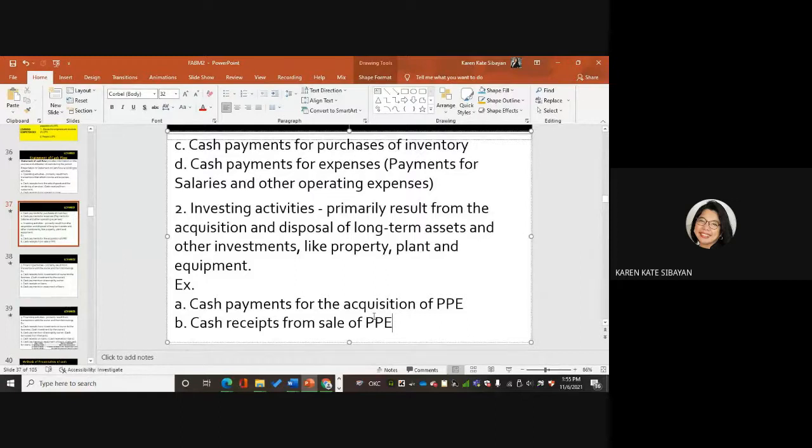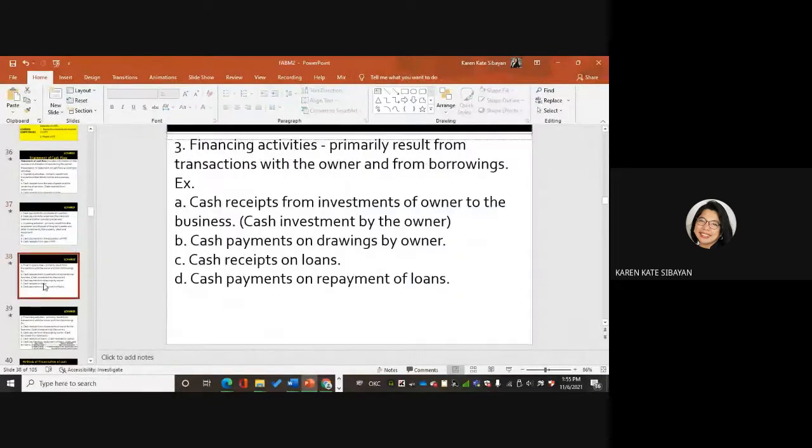Actually, one session is really not enough to discuss this more, but at least you have an idea of what can be placed in the cash flow. So under cash flows from financing activities, class, we have 4 here.